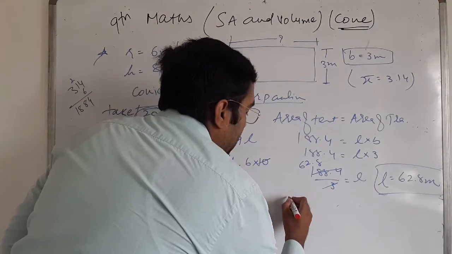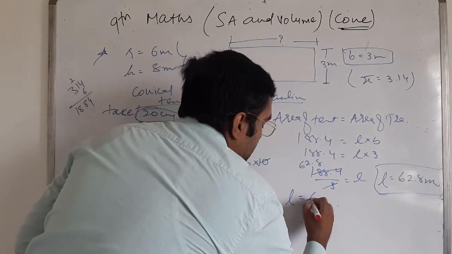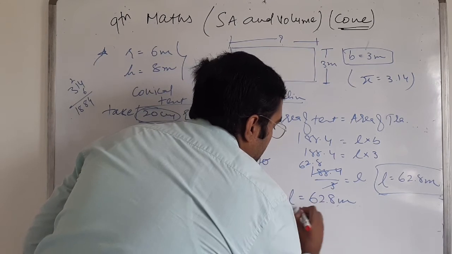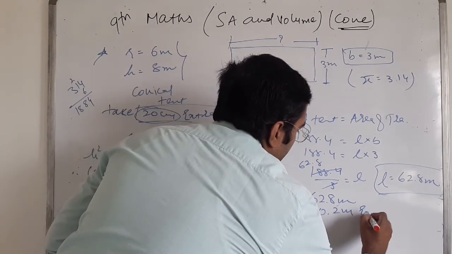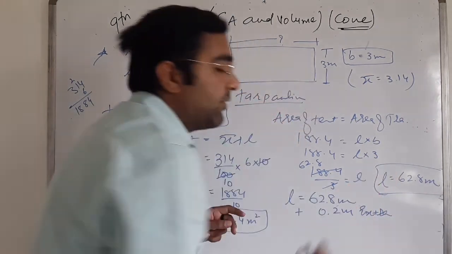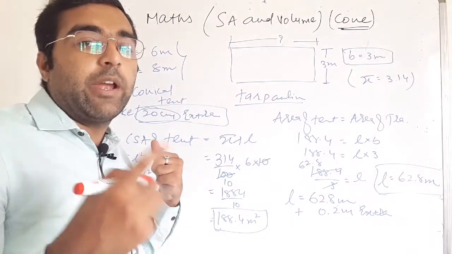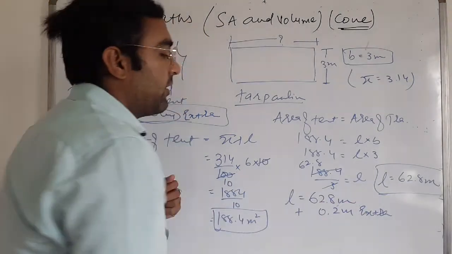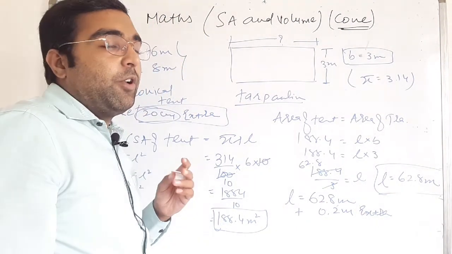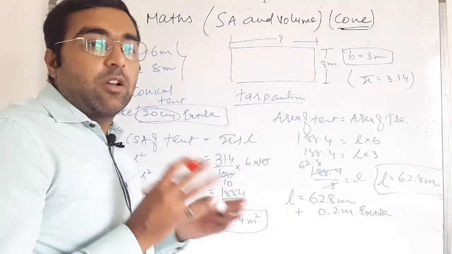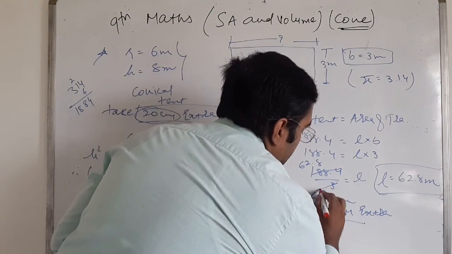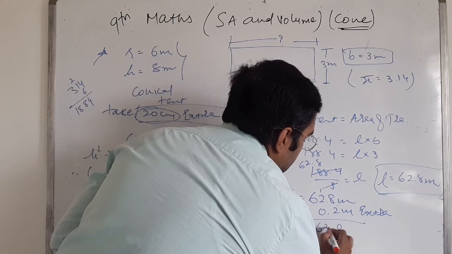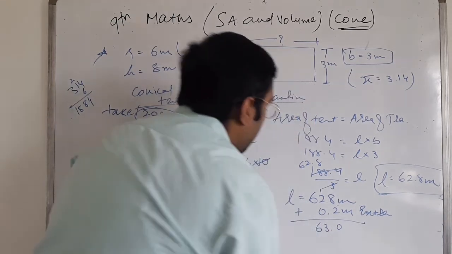So I'll add it to the length. My length is 62.8 meter plus 0.2 meter extra, which the question says we have to add for stitching and margin. So my answer is 63 meter.